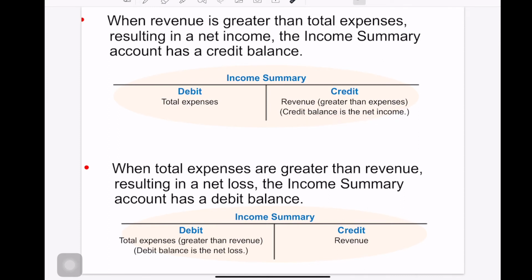When your total expenses are greater than your revenue, resulting in a net loss, the Income Summary account would have a debit balance. So if your expenses are greater than your revenue, you would have a debit balance. So that's how your Income Summary works. Again, it just is used to summarize your revenue and expenses.